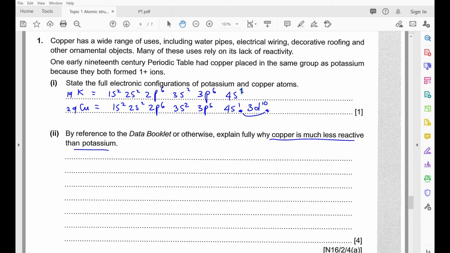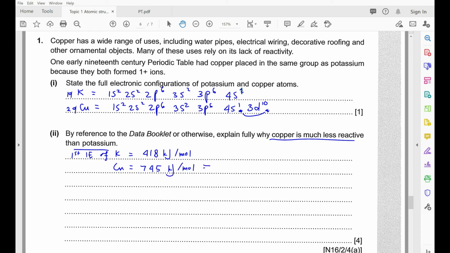Explain fully why copper is much less reactive than potassium. Okay, if you look at the data booklet, the first ionization energy of potassium is 418 kilojoules per mole, whereas copper is 745 kilojoules per mole.